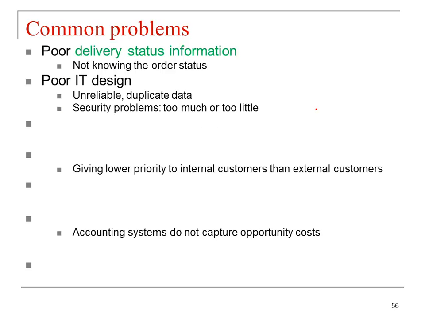In terms of poor delivery status information, again, not knowing the order status, that would involve poor IT design, unreliable, duplicate data, also ignoring uncertainties.